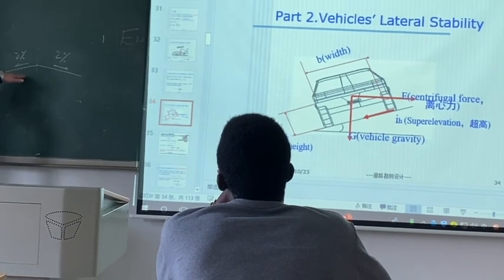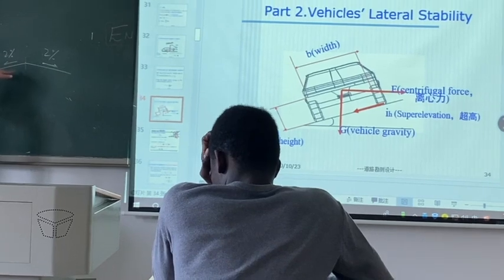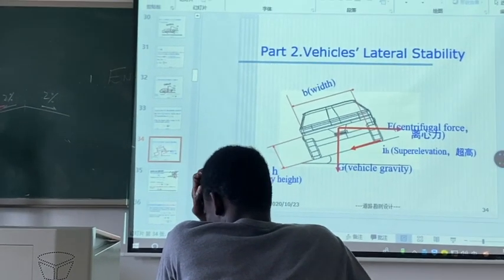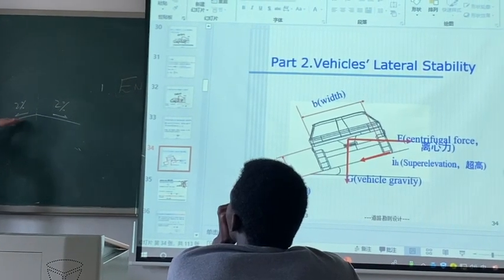This cross slope is used for rain to flow to the roadside.